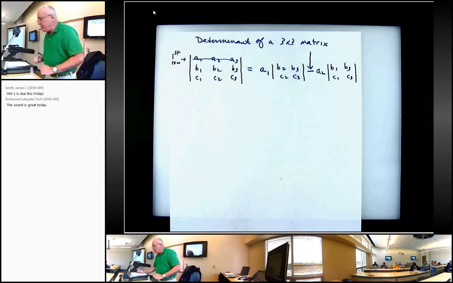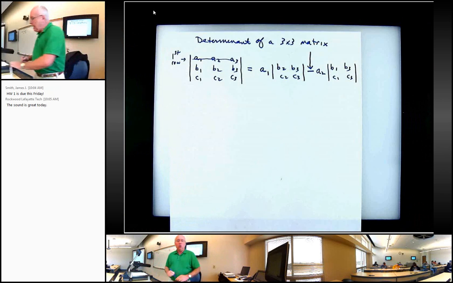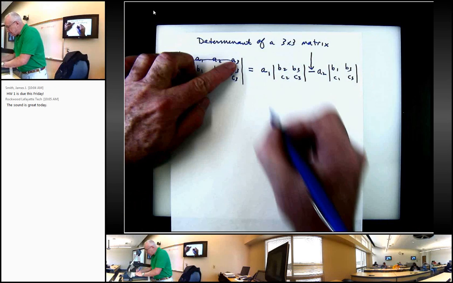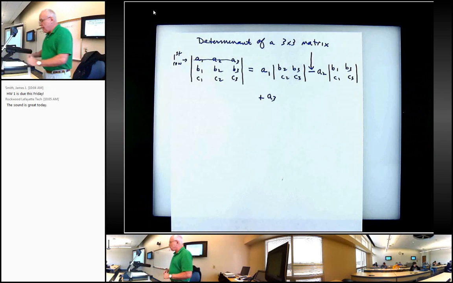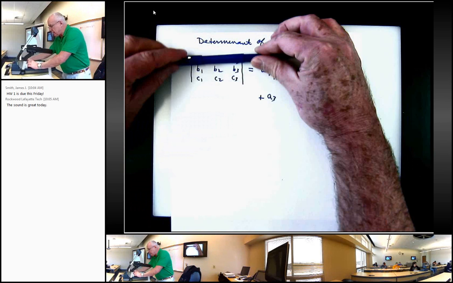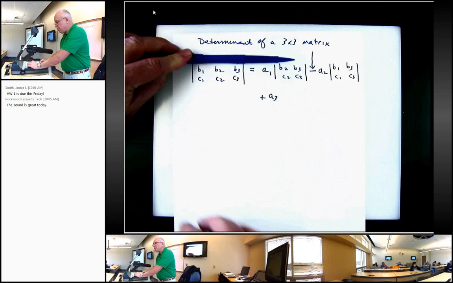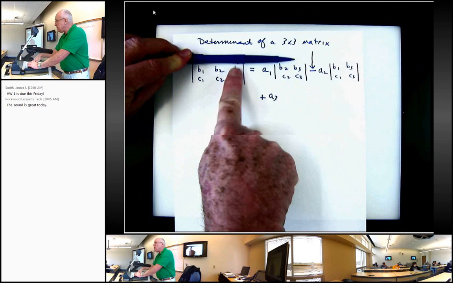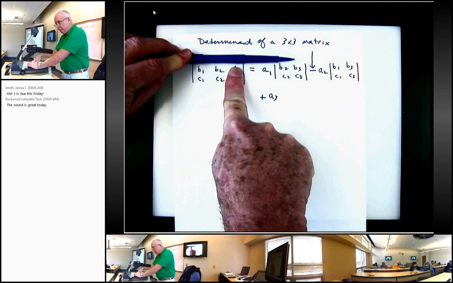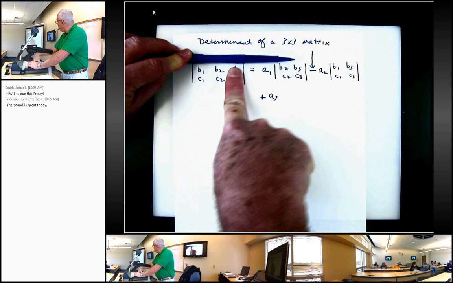Then we have to finish off our first row, and now we'll just put a plus A sub 3, our last element in that first row, and we're going to do the same thing again. We're still crossing out mentally that first row, and now we're crossing out the last column. And then we have those 4 elements.